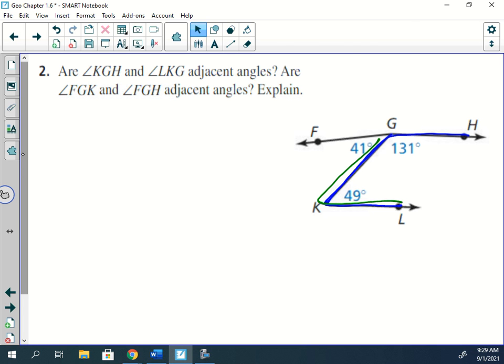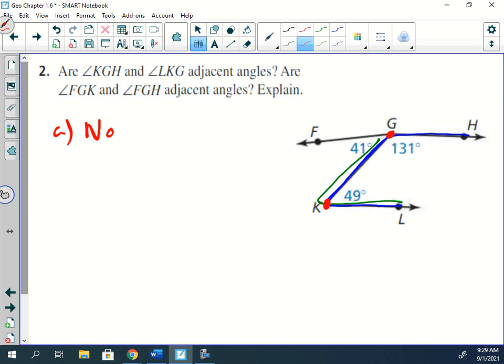So angle KGH, vertex is where? So KGH is there, yes? Vertex for LKG. Do they share a common vertex? No. So, no, because no common vertex.